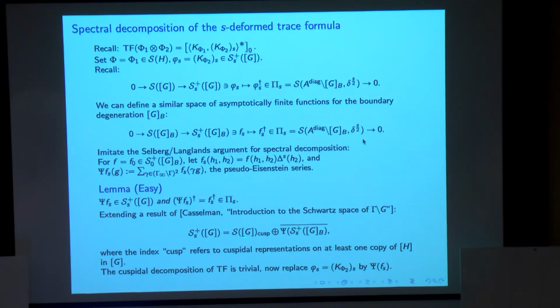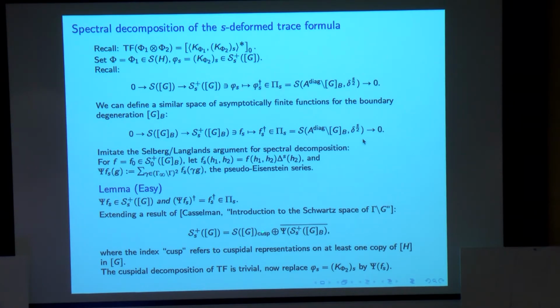So by cuspidal here, I mean, because G is 2 copies of H, cuspidal at least in one of the 2 copies. And this result easily extends to this extended Schwarz space. It decomposes into the cuspidal part and its Eisenstein part, and moreover the image of pseudo-Eisenstein series is dense in that part. All of these are Fréchet spaces, by the way.